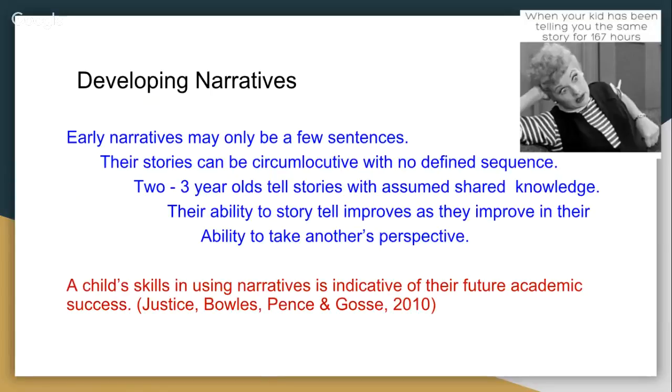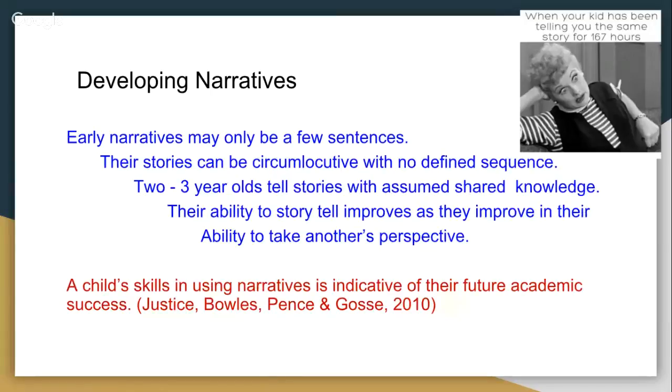Often some of the problems we see with young preschoolers is their stories go round and round in circles, are extremely repetitive, they don't have a sequence, and they don't necessarily even have a story content. It's just telling you something, such as, I ate an apple. I like oranges. And they're not really understanding that the connection between the sentences builds through a story process.